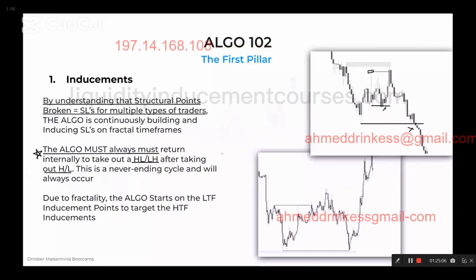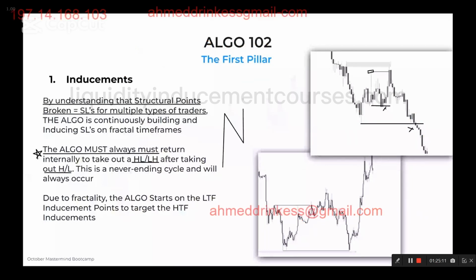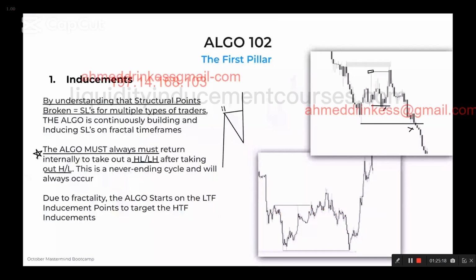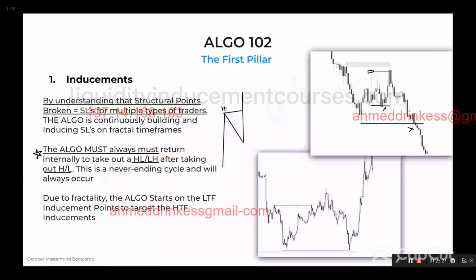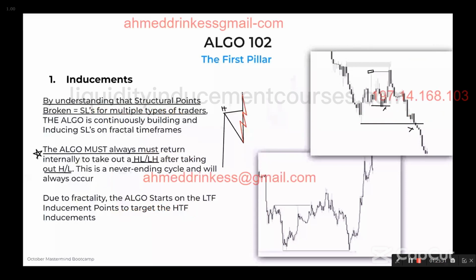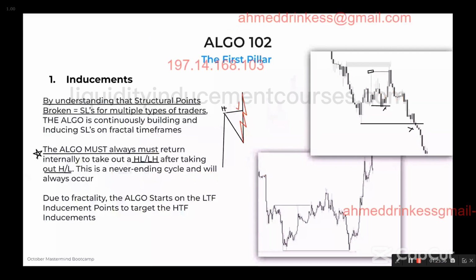So what I mean by this: if you see a high taken out, you need to know immediately that within this current range, fractally speaking, as soon as this high is taken, we have sell stop losses rated.